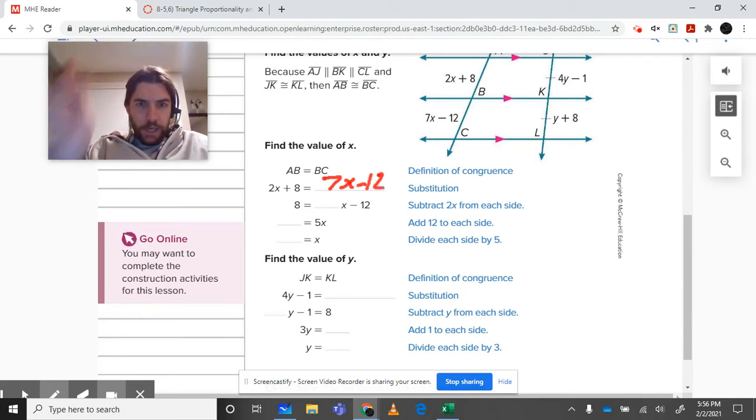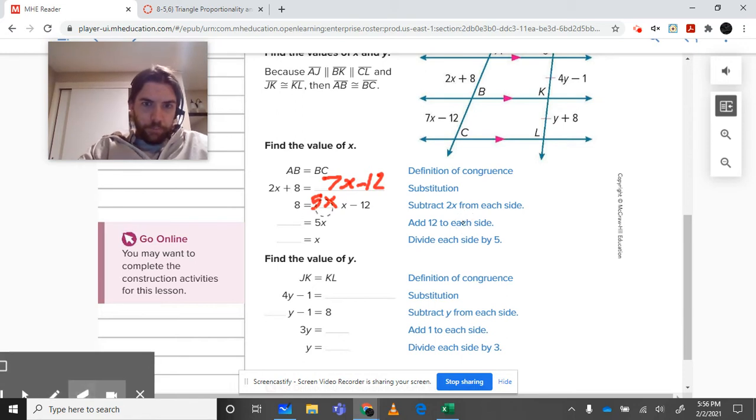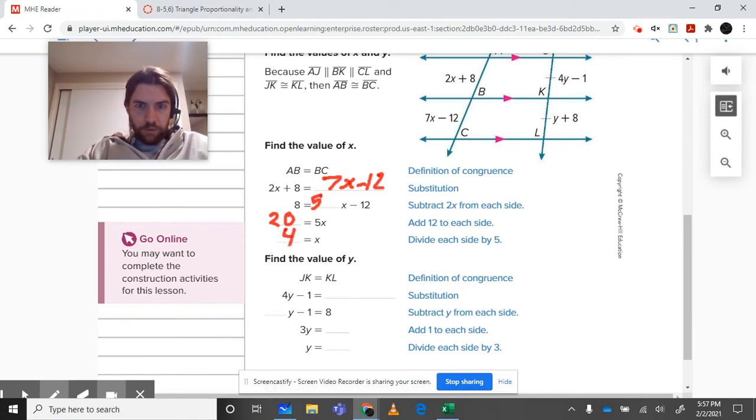At that stage, we want to get our x's together on one side, so we'll subtract 2x from both sides, like it says. We'll end up with 5x minus 12 equals 8. We'll add 12 to both sides, so we'll get 20 is 5x, and then we'll divide each side by 5 to get 4 for x.